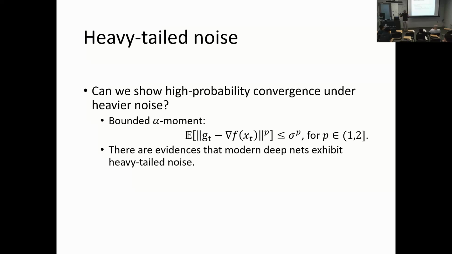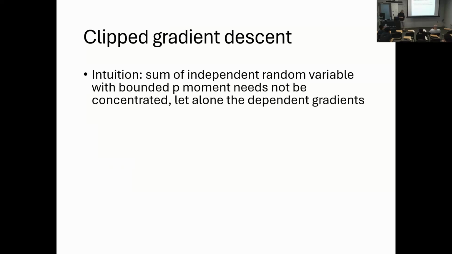The second moment need not be bounded. Maybe you only have a 1.1 moment bound. So can you still show some kind of concentration? And this by itself is not sufficient, because even in the case where you just sum up these random variables with bounded 1.1 moment, you're not going to get a Gaussian-like concentration.